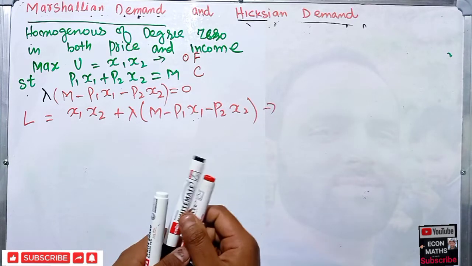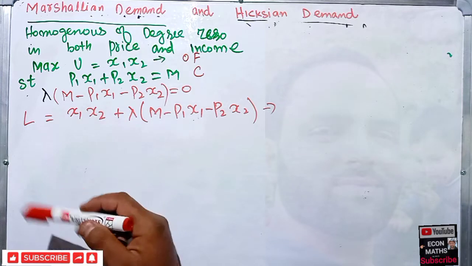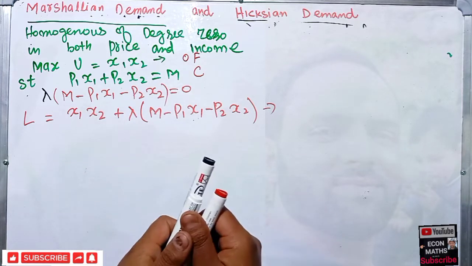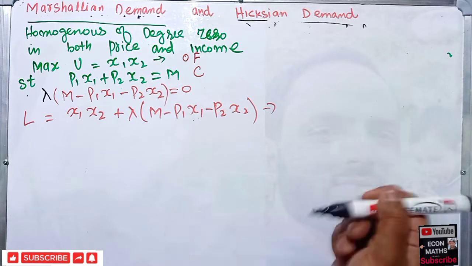After that, we partially differentiate with respect to x1 and x2 and set them equal to 0 simultaneously.